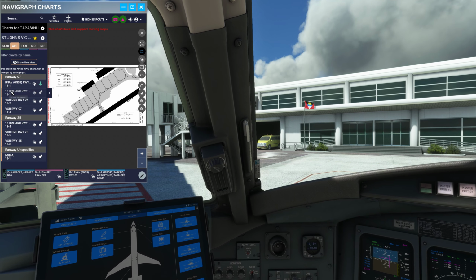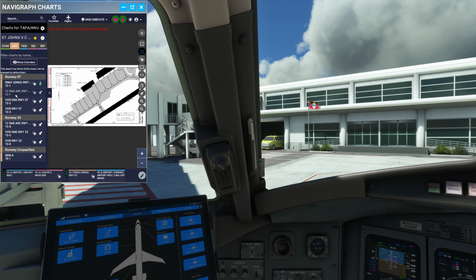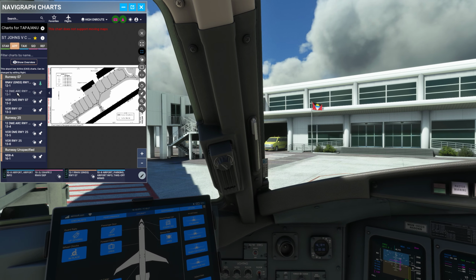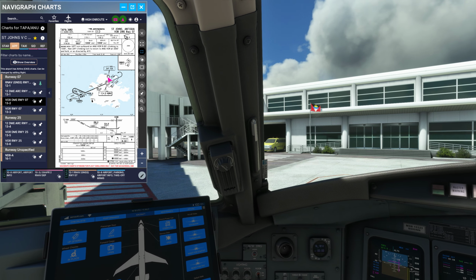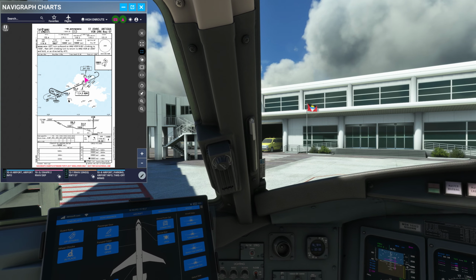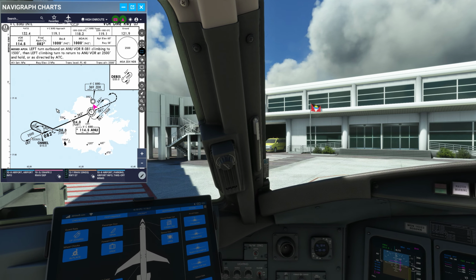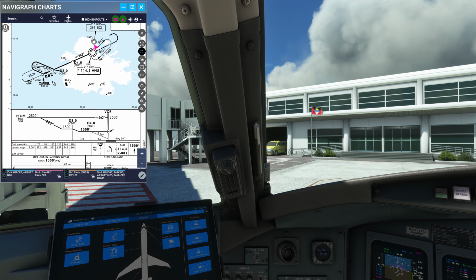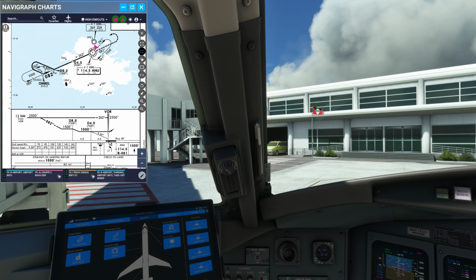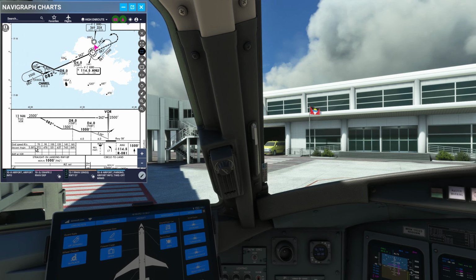Now let's look at the VOR approach chart and see if that tells us. It might. Well, D4 is 3.0, so it's the same.